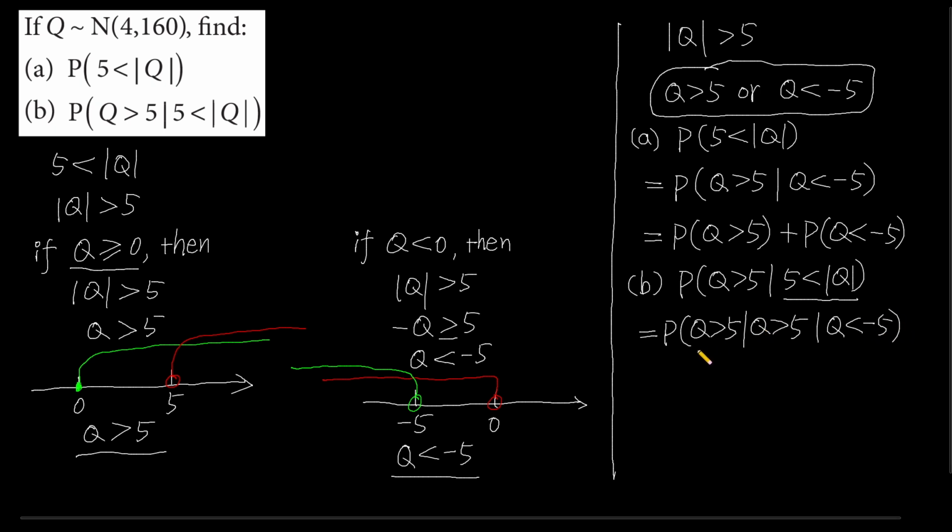Now we see these two are the same. So this equals the probability that Q is bigger than 5 or Q is smaller than -5. Now let's see. You see, this is the same as this. So they are the same. So the answer for question A is the same as the answer for question B.